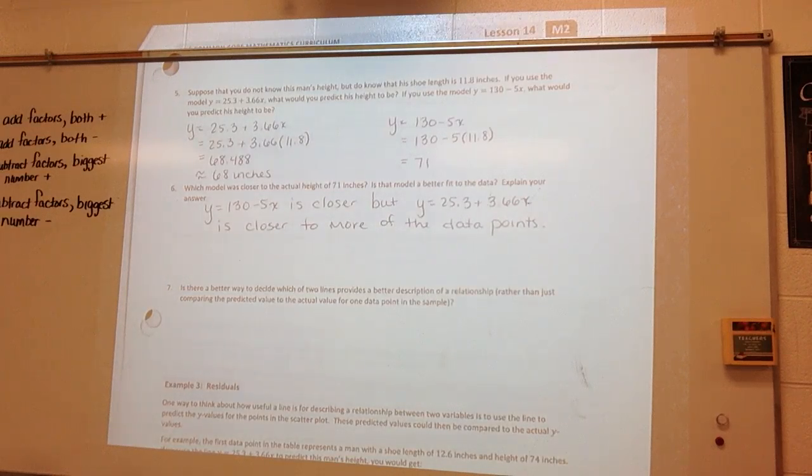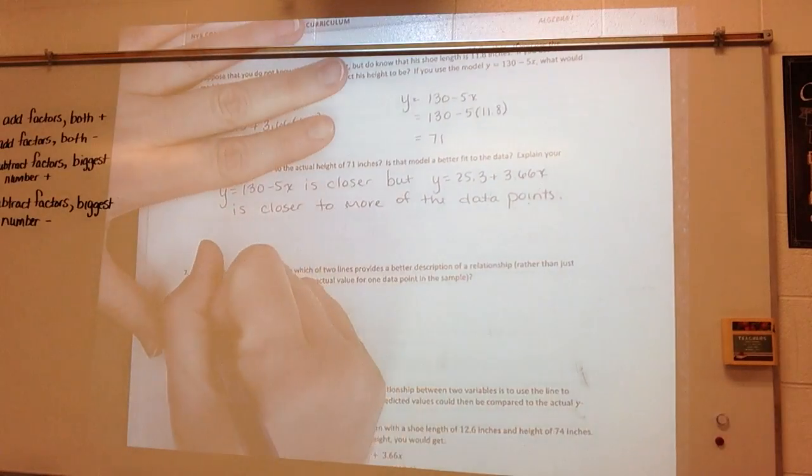All right, number 7. Is there a better way to decide which of the two lines provides a better description of a relationship rather than just comparing the predicted value to the actual value for one data point in the sample? All right, so here's what we need to understand. The better line, or the best fit line, is the one where the distances from the points to the line are as short as possible.